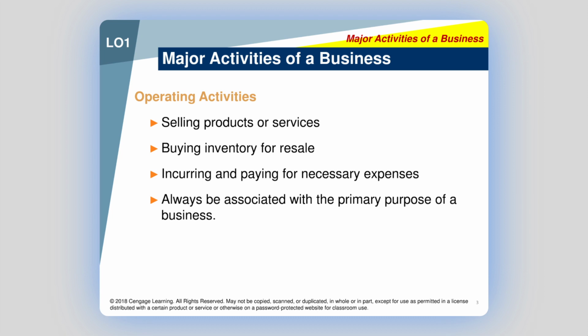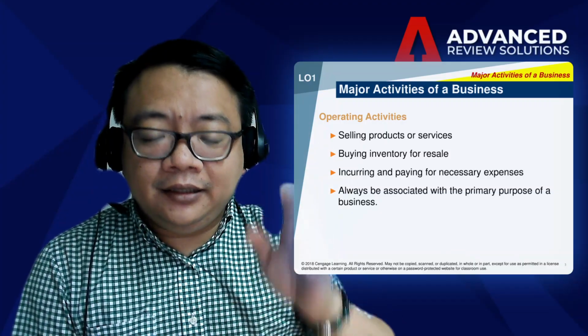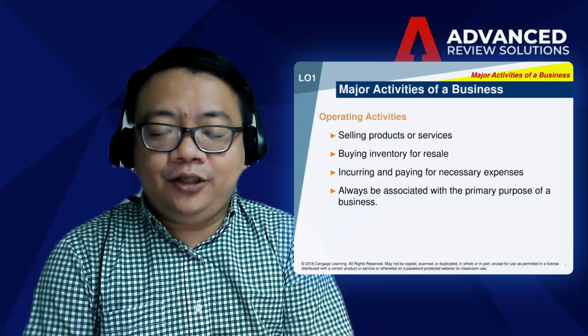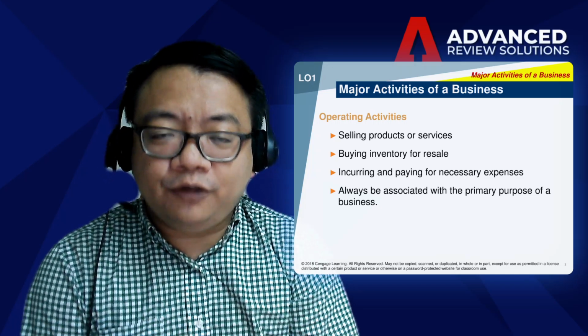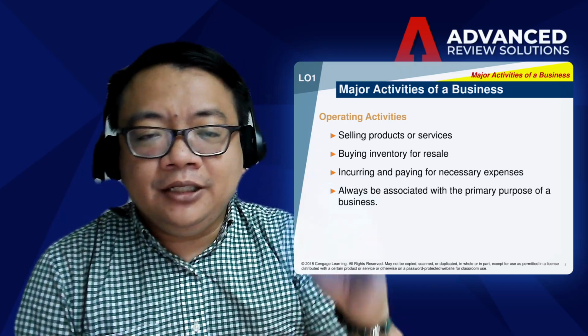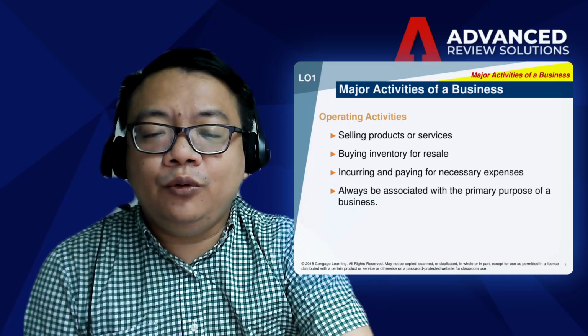You incur and pay for expenses, OPEX or any other expenses. And the last one, always associated with the primary purpose of business. That is our main goal: in terms of operating activities, that would be your primary purpose of business. So that's part of your cash flow statement.